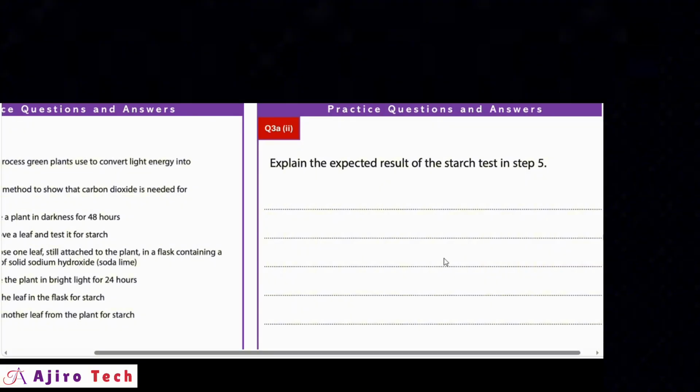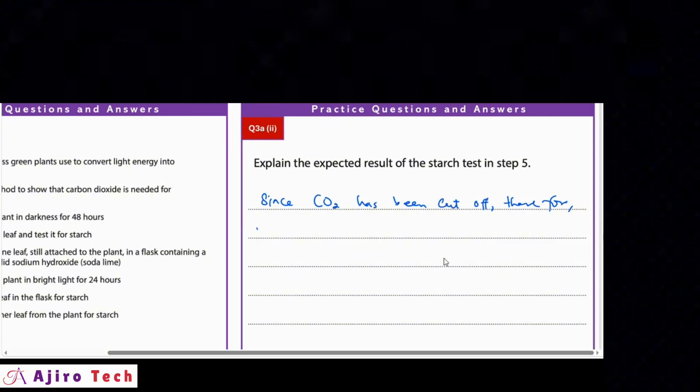So the expected result is, since CO2 has been cut off, therefore no photosynthesis is taking place.